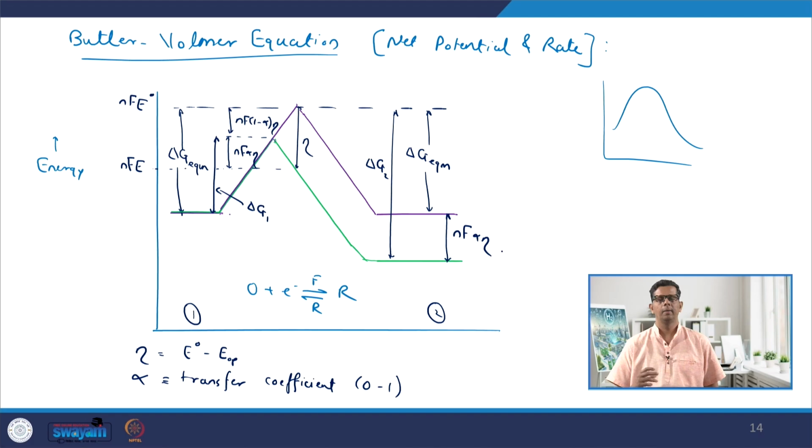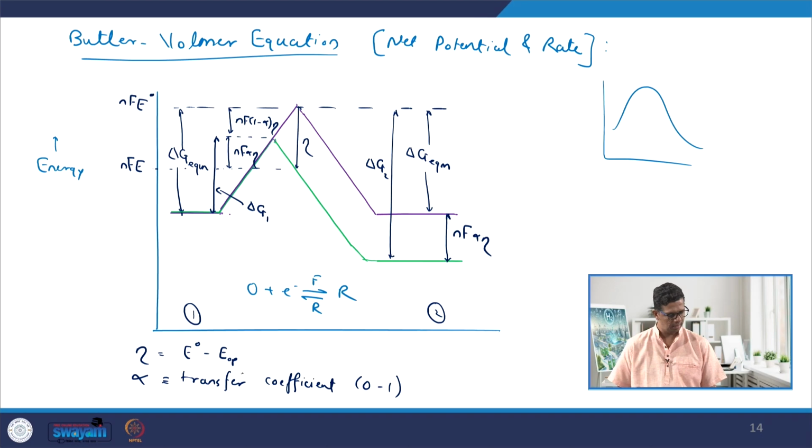If I simplify this representation, initially the system was at equilibrium, where the reaction barriers for both reactions were the same, that is delta G equilibrium. Now in order to bring a net current in the system, we have disturbed the system by shifting the operating potential from E naught to E, and that displacement is nothing but eta.